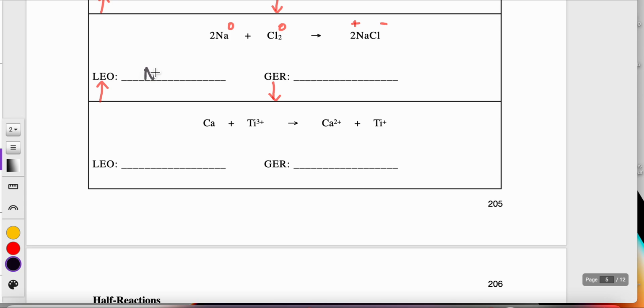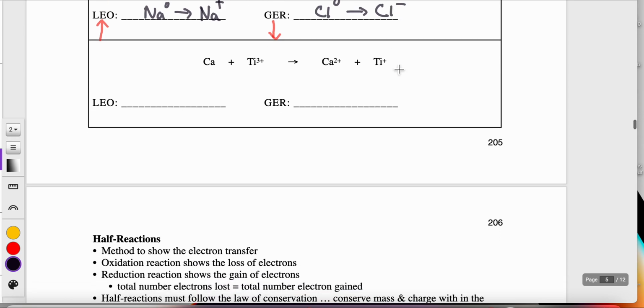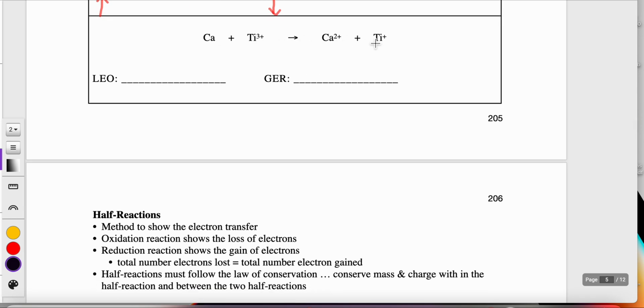So we start off with Na0, and after it is oxidized, it becomes Na+1. Cl starts off with a charge of 0 and ends with a -1, so that means it's gone down the ladder, it's gained negative charge. So the Cl starts off with a 0, and after gaining electrons, it becomes Cl-1.